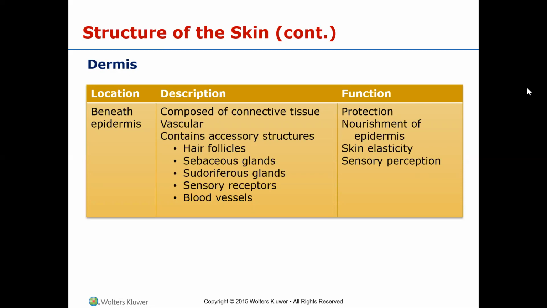It functions in protection and in nourishment of the upper layer, which is the epidermis, and then it provides for skin elasticity, and it also has some receptors that are involved in sensation, like pressure and touch, that we will review.